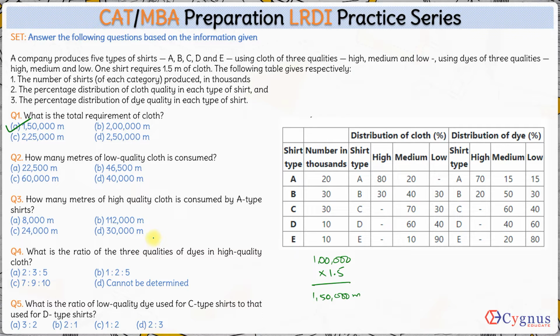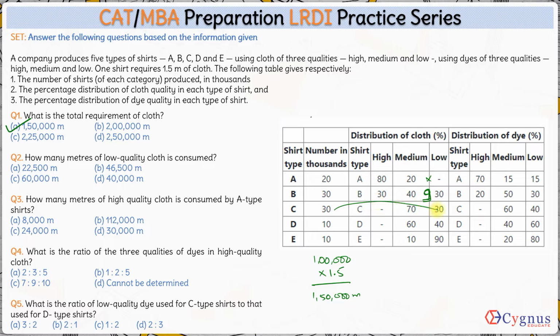Fine. Second question, how many meters of low quality cloth is consumed? Okay, so we have to figure out how many meters of low quality cloth is consumed. So let's see. Type A, there is no low quality cloth to be consumed, so let's just ignore this. For type B, 30% of the shirts have to be manufactured using low quality cloth. So 30% of 30,000, that means 9,000 shirts have to be made of type B using the low quality cloth.